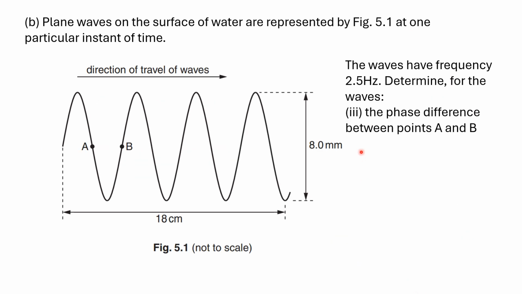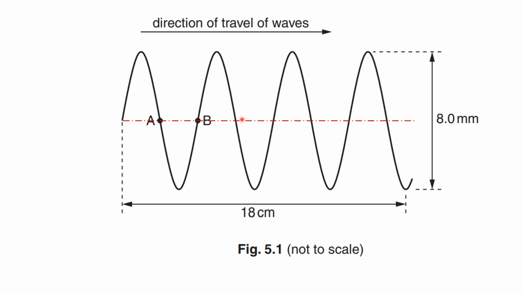The third question is asking to calculate the phase difference between points A and B. To determine the phase difference, let's look at the positions of A and B in this wave. So let's start with this point right here where the wave intersects with the equilibrium line. In terms of a wave, this is at 0 degrees.